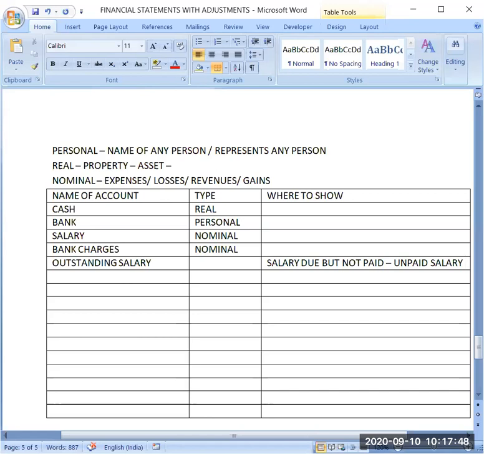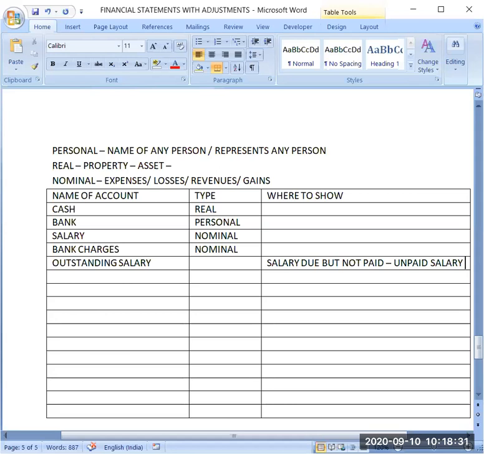That salary is known as outstanding salary. So you have opened this account for the purpose of recording how much salary is unpaid, and to whom we have to pay. So this account is actually not your asset. It cannot be your asset. When you are supposed to pay salary and you have not paid salary, that will not be your asset. So it cannot be a real account.